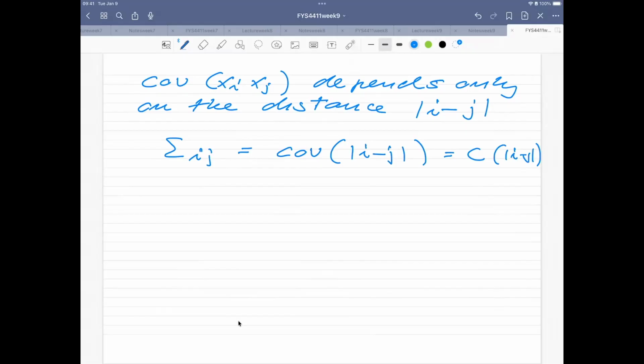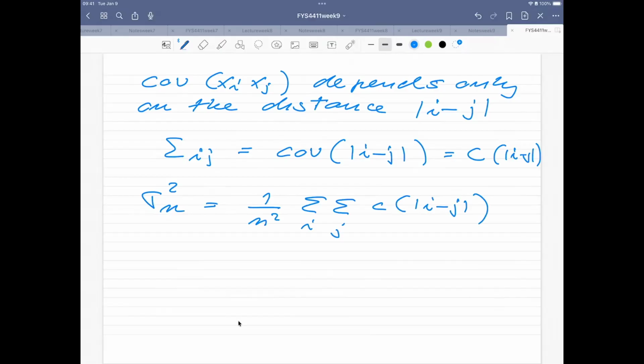And what we have seen then is that the variance, which we have set up, the variance for all the experiments, sigma of n, is 1 over n squared. And we have a double sum over i and j. And we can rewrite that one in terms of this distance i minus j.